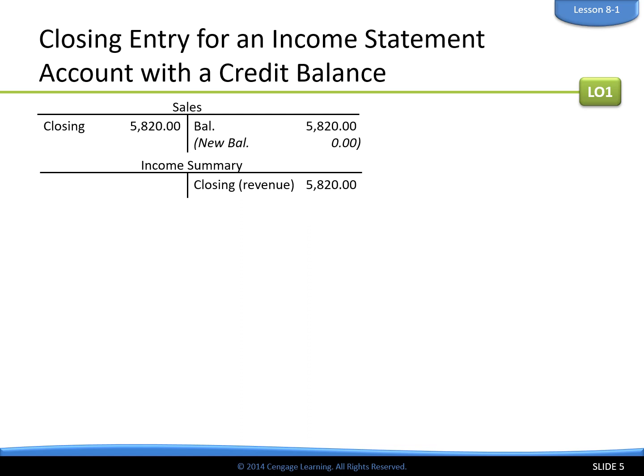So we're going to debit sales for $5,820, and then we're going to credit the income summary. That way we have a debit and a credit, and they both equal. We've closed out our sales. It's showing 0, and now we have a credit balance in our income summary.